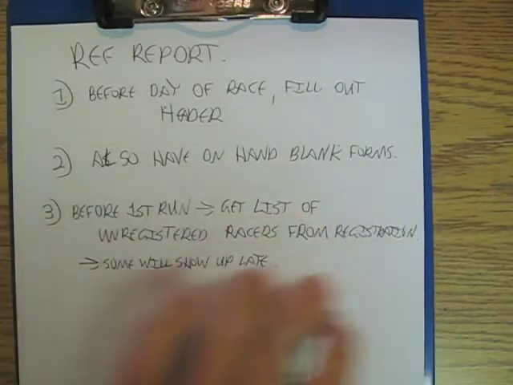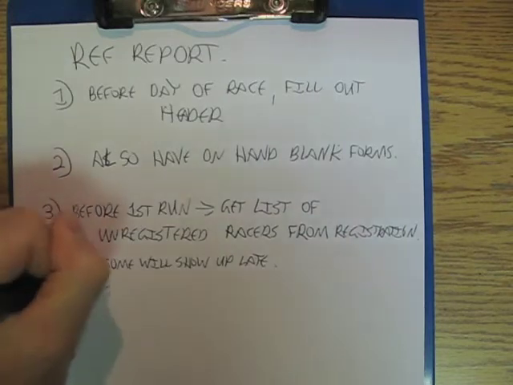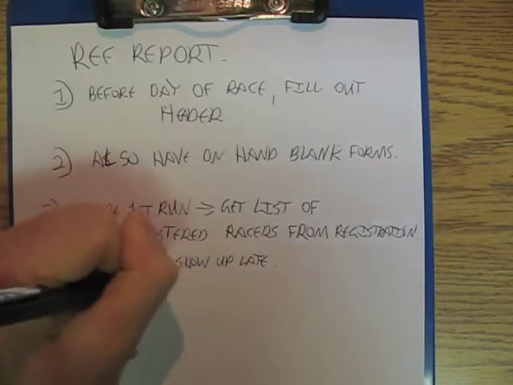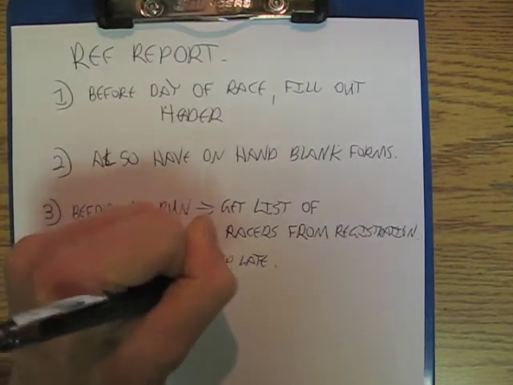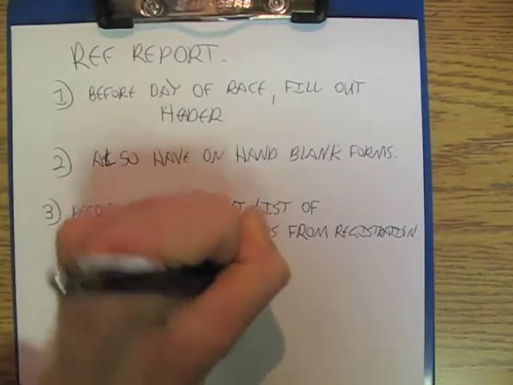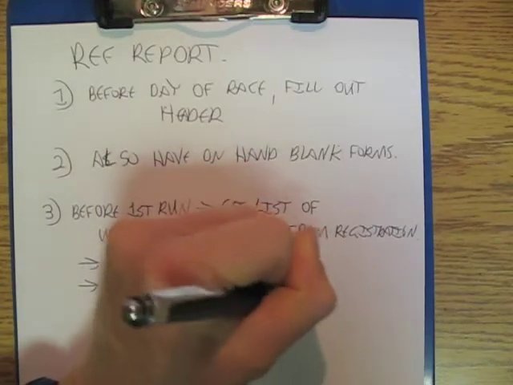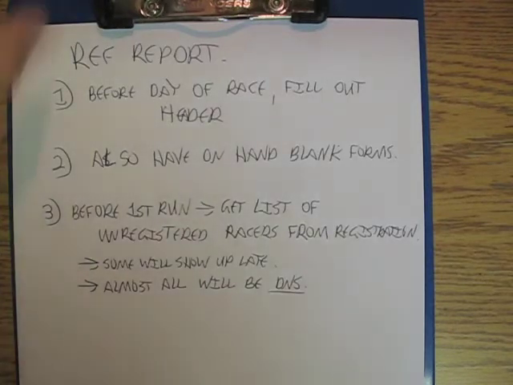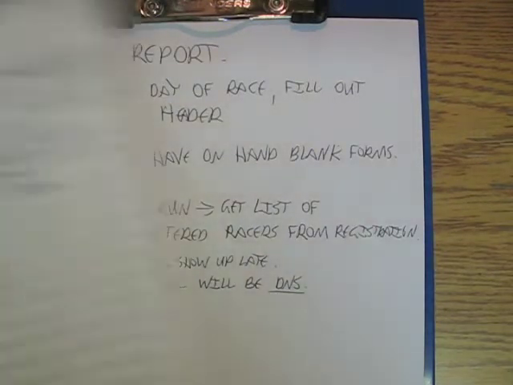But basically, almost all of those are going to be DNS. So before the first run, get a list of unregistered racers from registration, and almost all of them are going to be DNS, which means that they did not start.